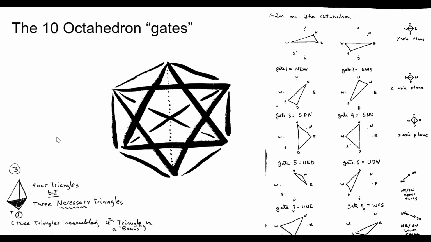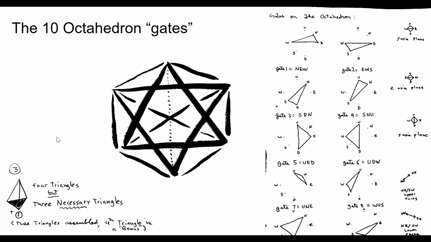But if you only have 2 and you put them together, their angles are not fixed. So three triangles are enough to make the fourth triangle necessary and fixed. If you put three equilateral triangles together, you will get a tetrahedron, because you get that fourth face for free.